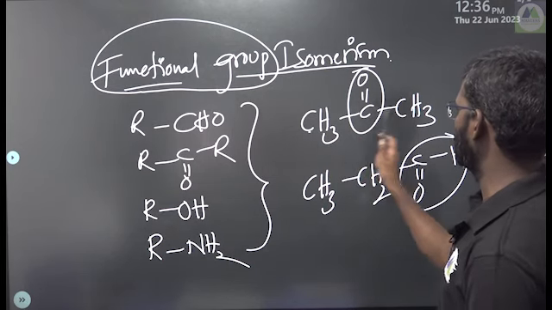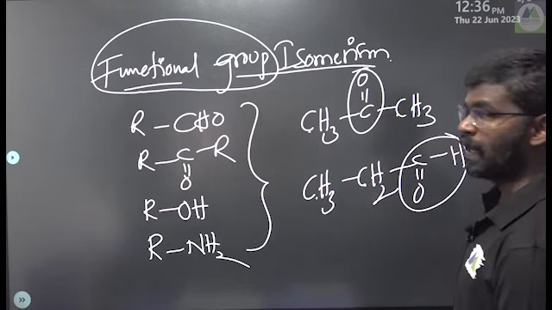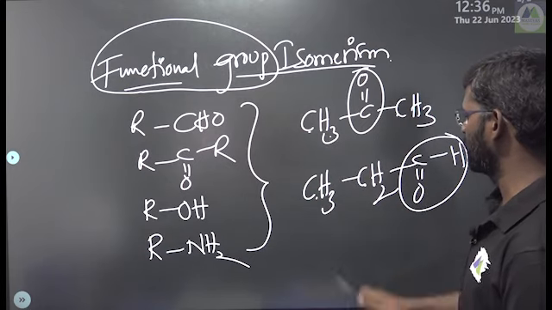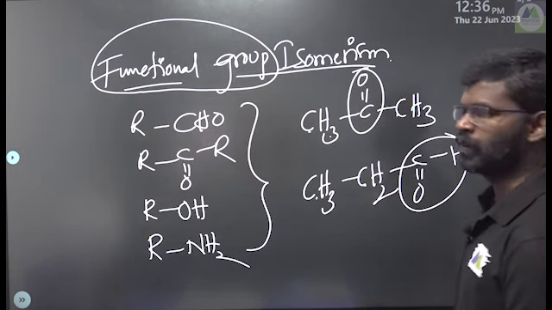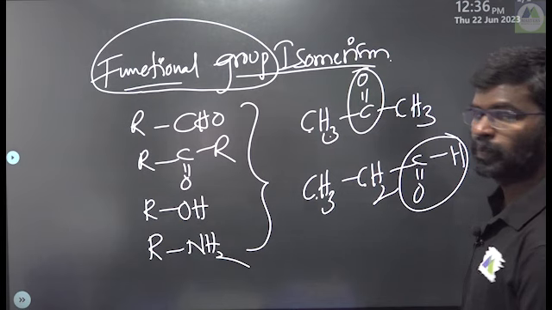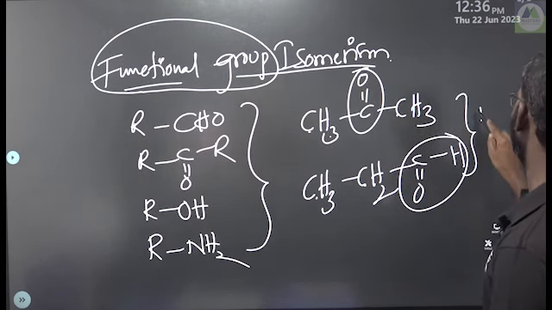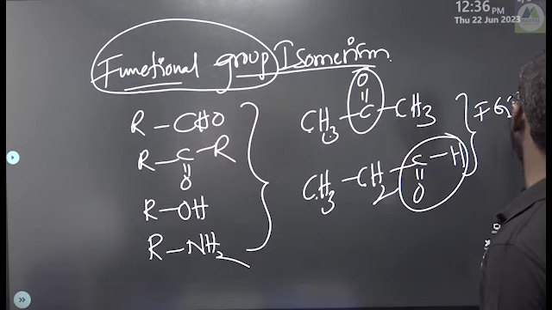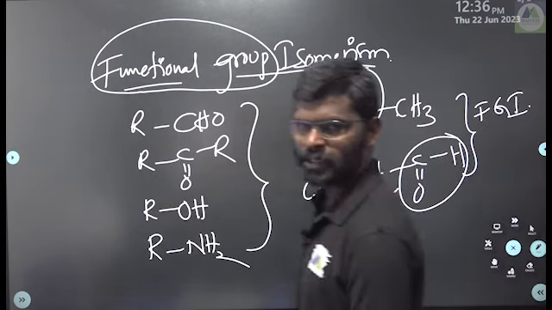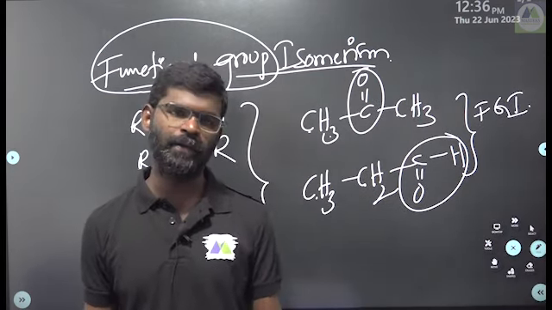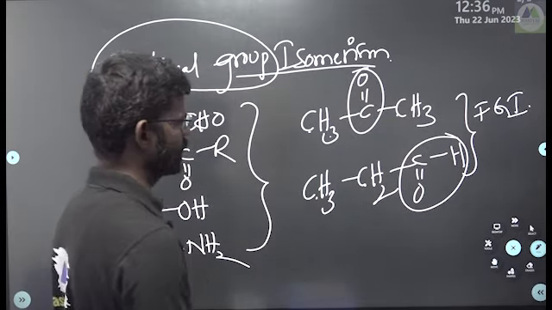Number of carbon atoms: 3 and 3. Number of hydrogens: 3 plus 3, 6; and 3 plus 2 plus 1, total 6. Number of oxygens: both 1. So this is functional group isomerism, with different functional groups only.